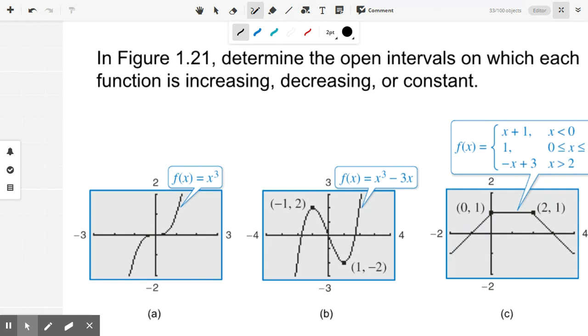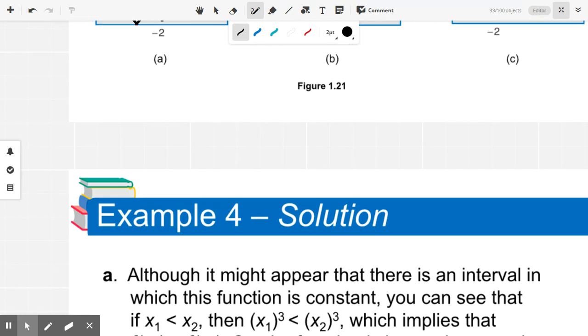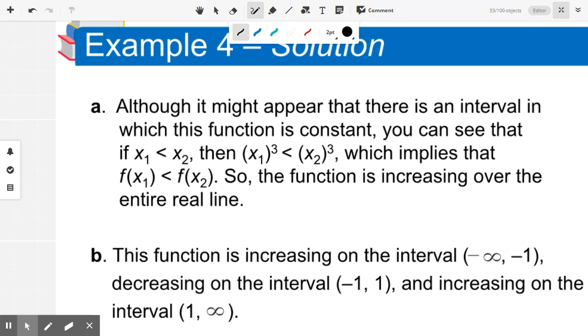So if you look at this one, this is a graph that continues that way forever and it continues this way forever. All right. And for what interval is this? It looks like it's a little tough to tell, but does it stop increasing right there? It almost looks like it's constant right there. Okay. But I don't think it actually does.